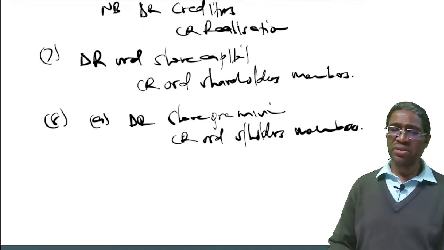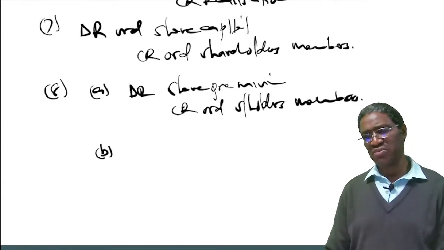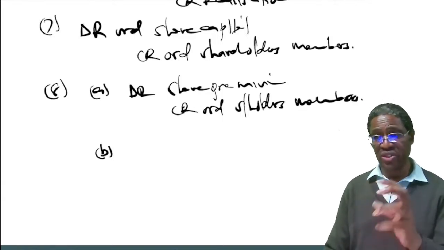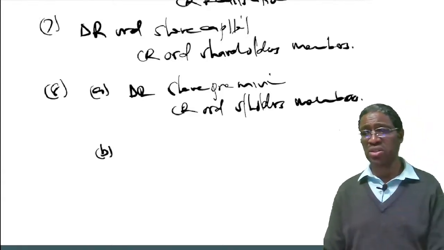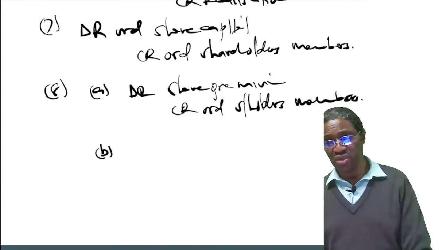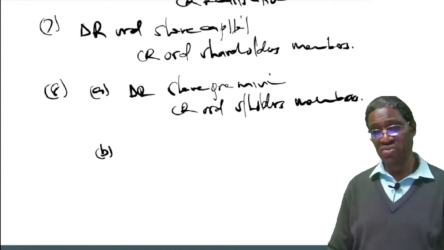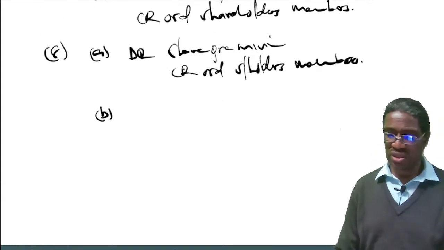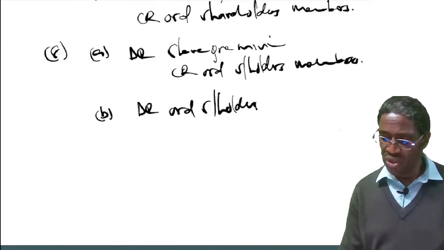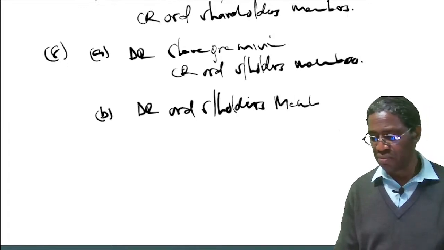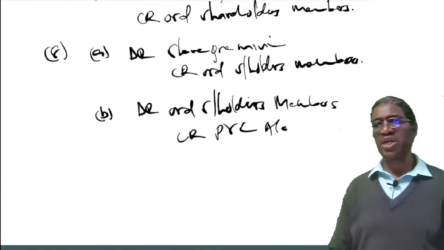Number B. If negative reserve, e.g. retained losses: debit ordinary shareholders members, credit P&L account.